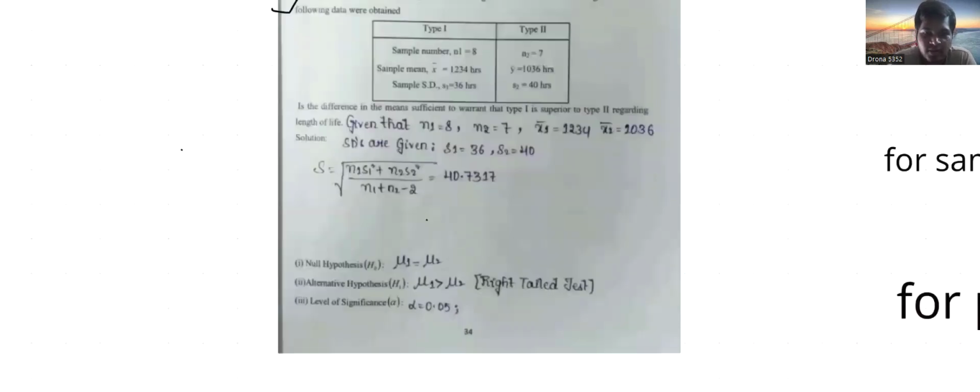As per the given values, we substitute in the formulas and we get s equal to square root of n1 into s1 squared plus n2 into s2 squared by n1 plus n2 minus 2. The sum is 40.731. Go through the process of the hypothesis: mu1 equals mu2, and the alternate hypothesis, since it is a right tail test, mu1 greater than mu2.